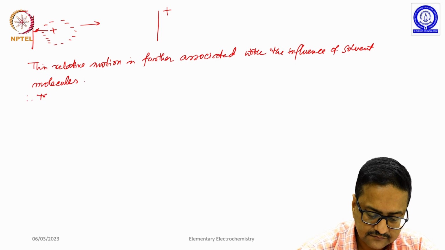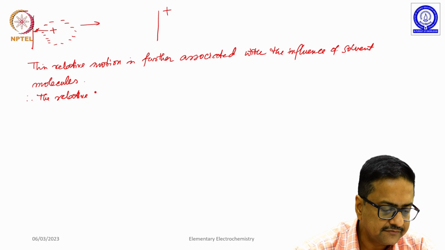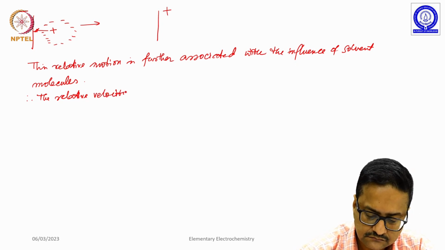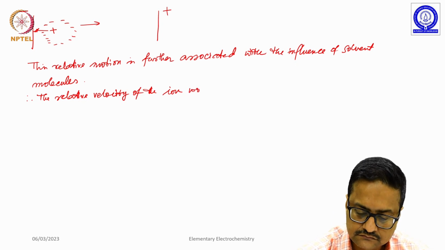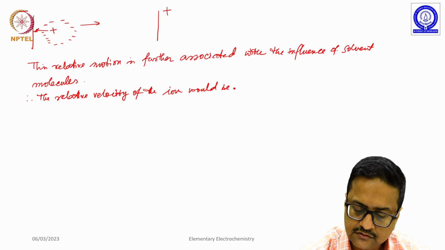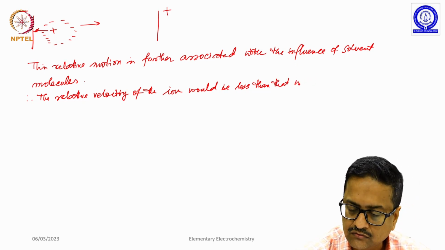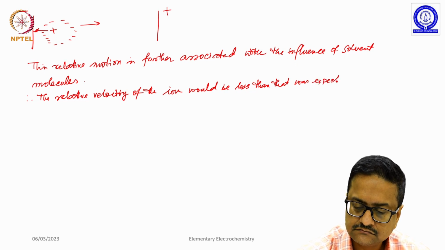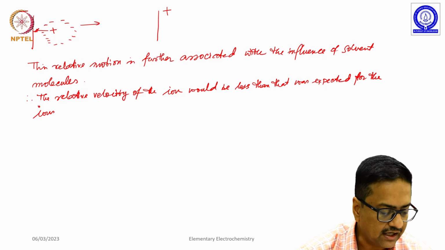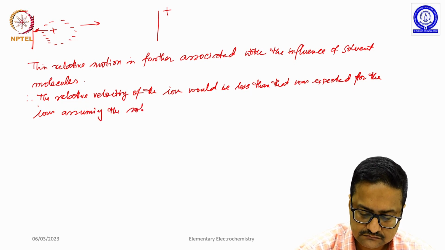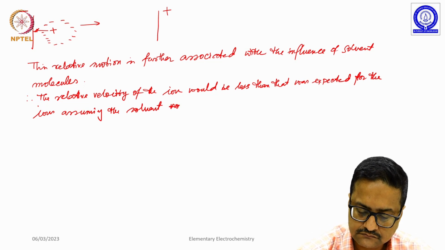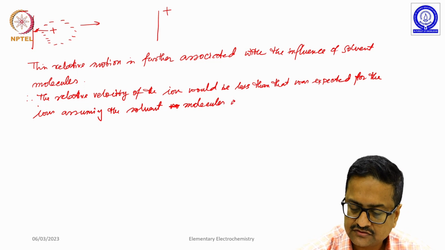So, the relative velocity of the ion would be less than that was expected for the ions assuming the solvent molecules were static.